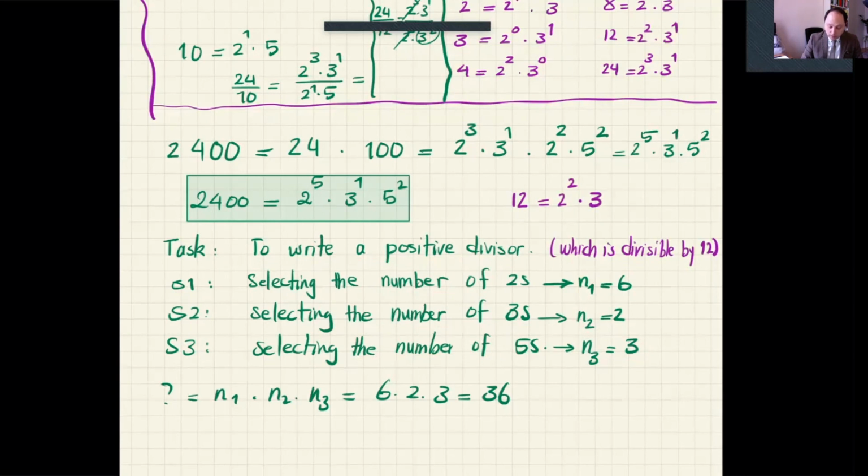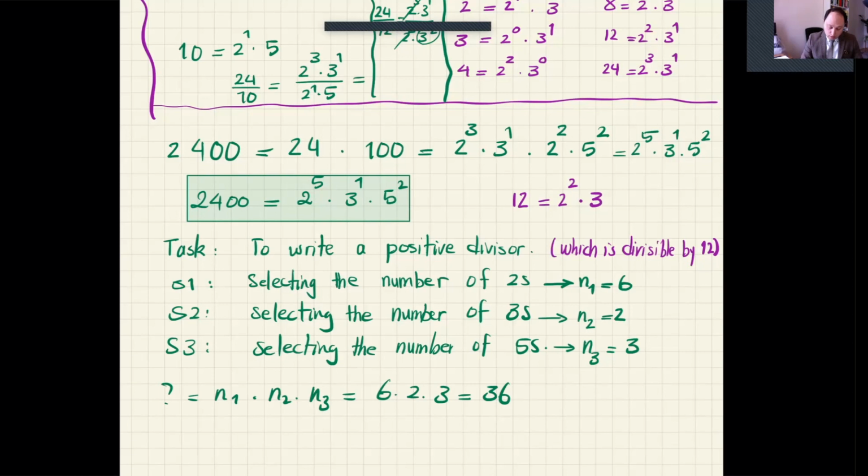When I didn't have any limitations, I could choose up to 5 2s. But it is clear that I cannot go up to 5 2s here, because if I go up to 5 2s, then I cannot lower it. I can go up to 5 2s, but I cannot choose 1 2.